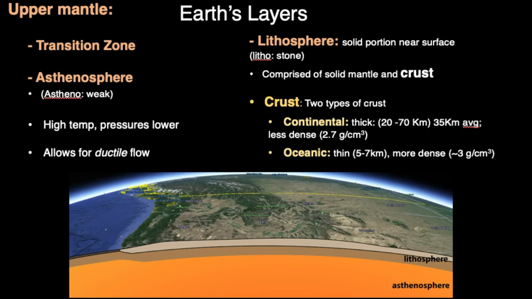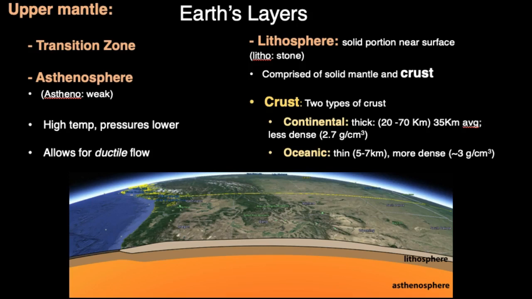Okay, so the lithosphere is, again, as I said, mostly solid rock, and is the uppermost portion of the Earth. If you look at it from the chemical subdivision perspective, the lithosphere is composed out of mantle towards the bottom and then out of crust towards the top. And again, based on physical subdivisions, it's just the lithosphere.